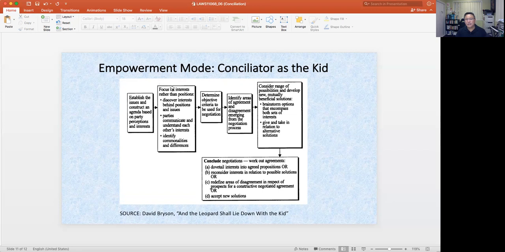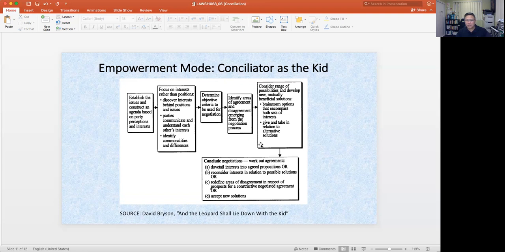Here, the conciliator focuses on interests rather than positions, discovering interests behind positions and issues. The parties communicate and understand each other's interests, what is sometimes known as mirroring, and identify commonalities and differences. And then there's determination of an objective criteria to be used for negotiation.